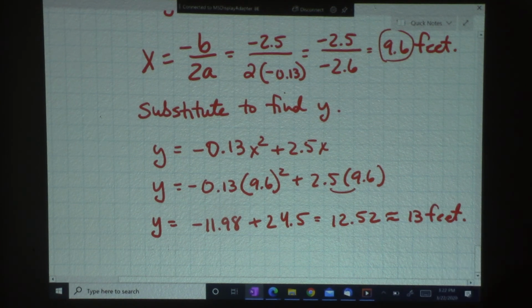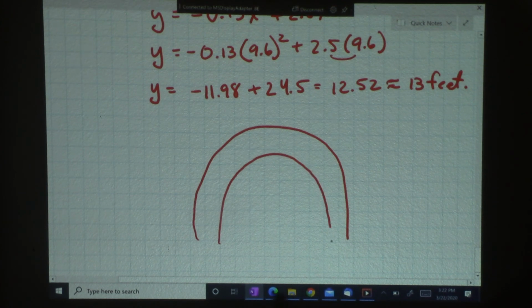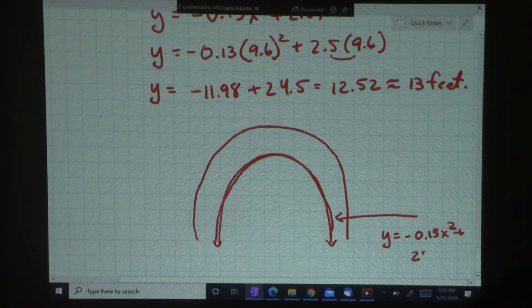Okay, so let's talk about what this means. It means we have an arch, and our formula represents this curved equation. And the highest point there, so you would walk through, and you want to know, what is that?